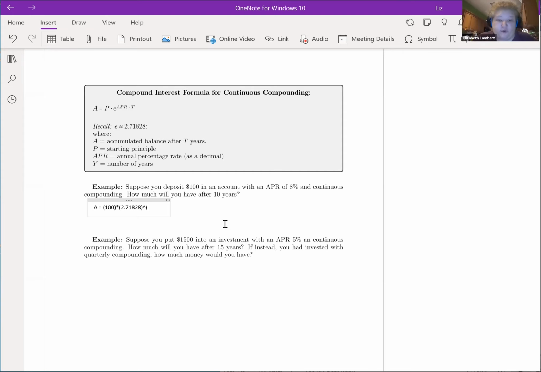So the APR for ours here is 8%, so 0.08 times, and they said 10 years. So we would have $222.55 after 10 years. All right, so not too much, but we invested $100.